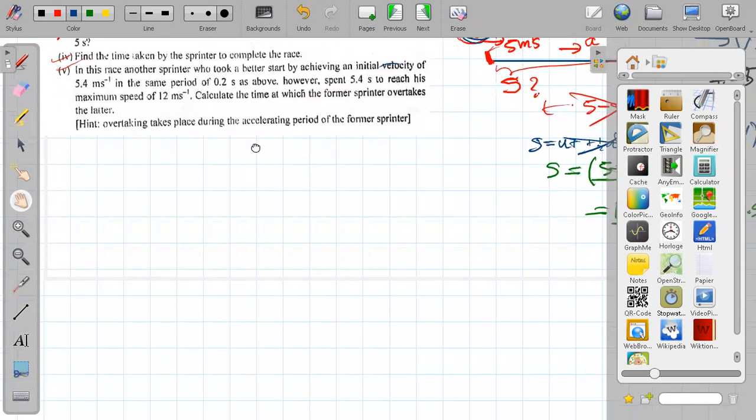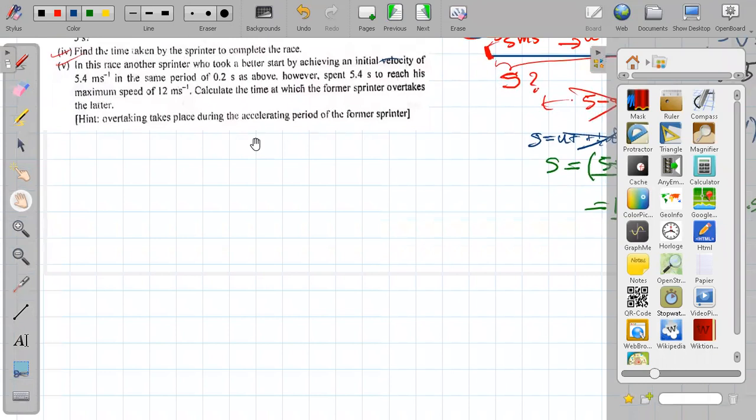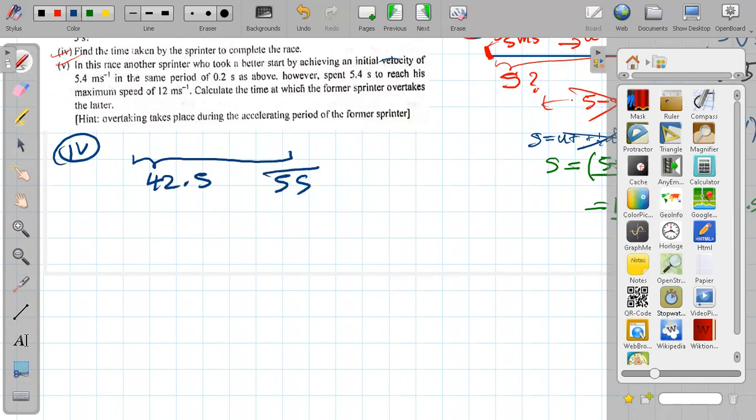Number 4, find the time taken by the sprinter to complete the race. Right. You need to understand he has taken some 5 seconds to cover 42 meters.